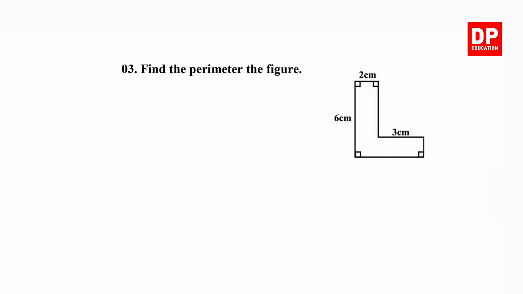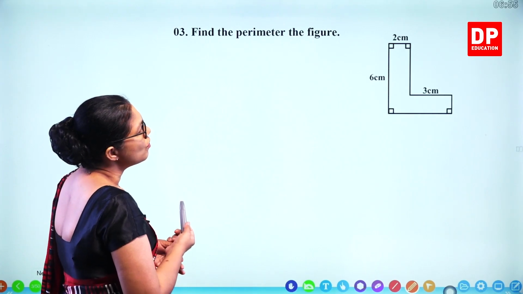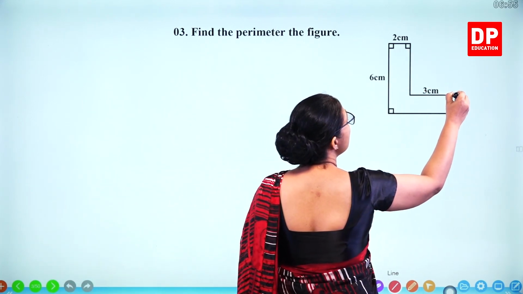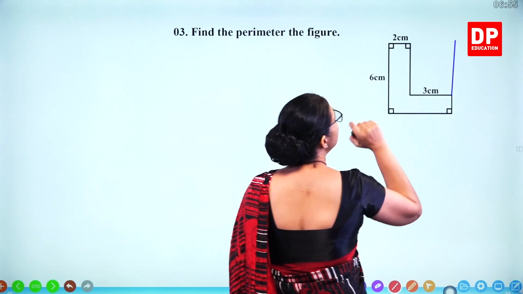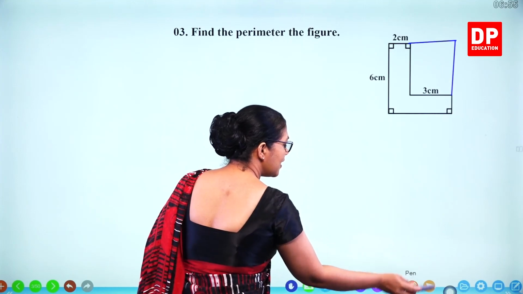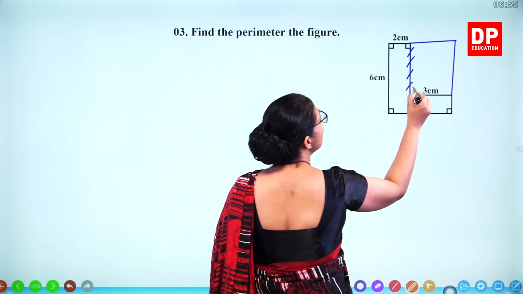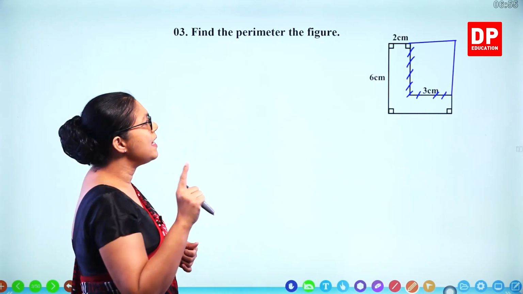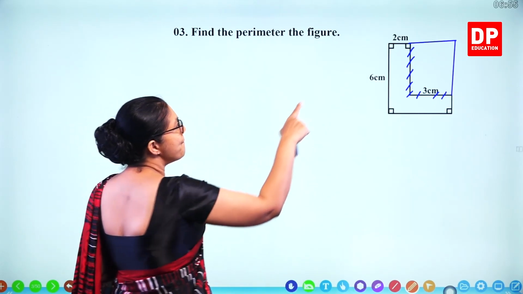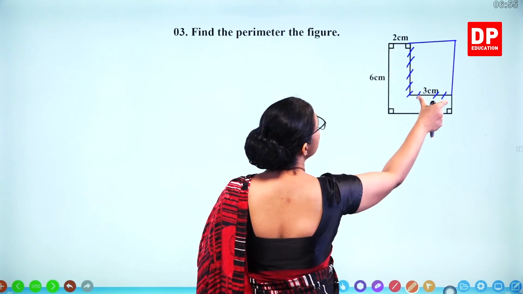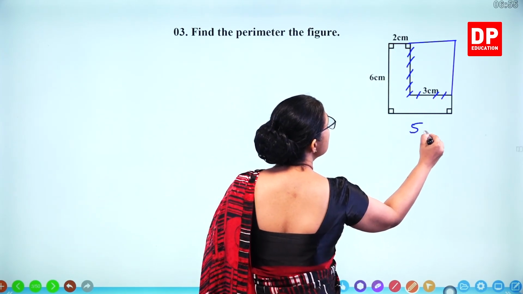Question number 3. Find the perimeter of this figure. When you take this line here and this line here, what do you get? This is like a rectangular figure. What's the perimeter of that figure? One side is 6, the other side is 2 and 3, which becomes 5 centimeters.